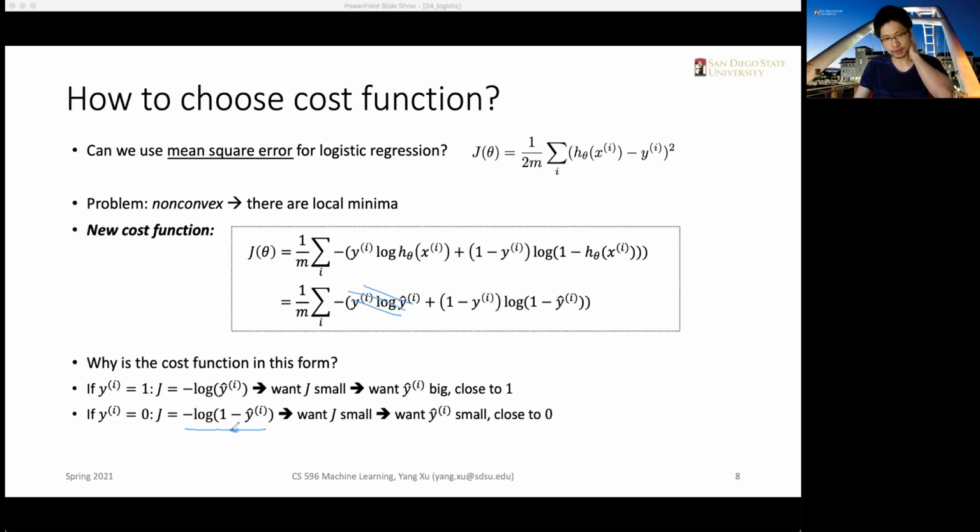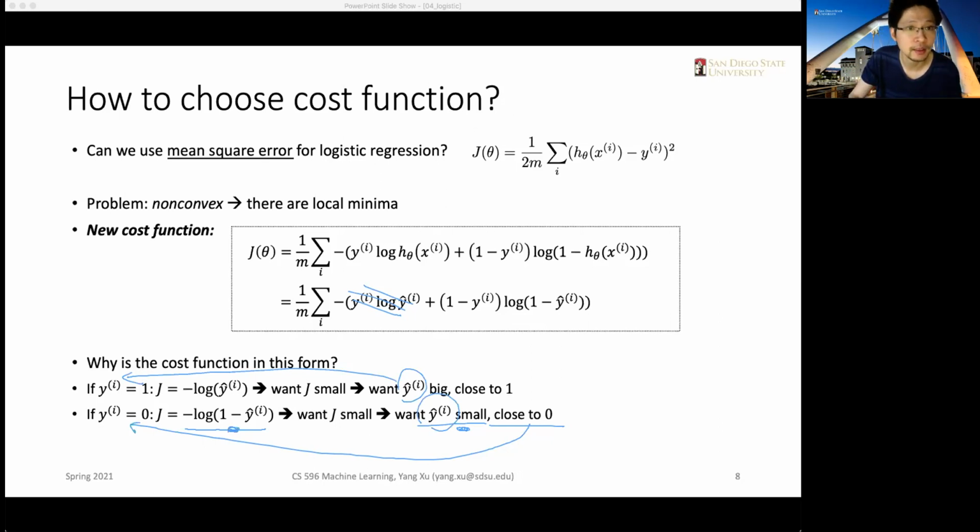If we want the cost function to be small, then we need y hat to be small as well, close to 0, which is exactly what we need. Do you see the connection? By minimizing the cost function in this form, we naturally push our predictions y hat close to the ground truth labels that we wish to fit.